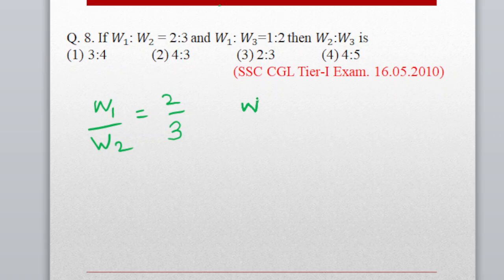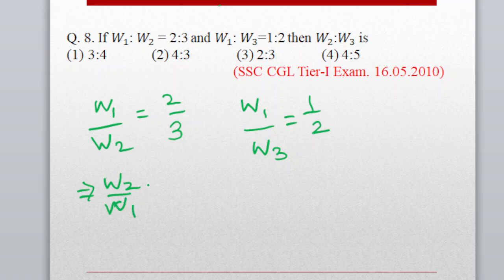Again, W1 by W3 is equal to 1 by 2. Now we have to find W2 is to W3. Listen, W1 by W2 is equal to 2 by 3. So this implies W2 divided by W1 is equal to 3 by 2.